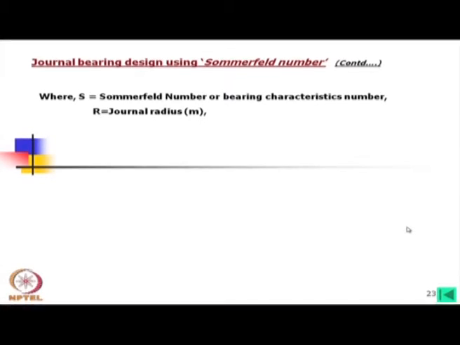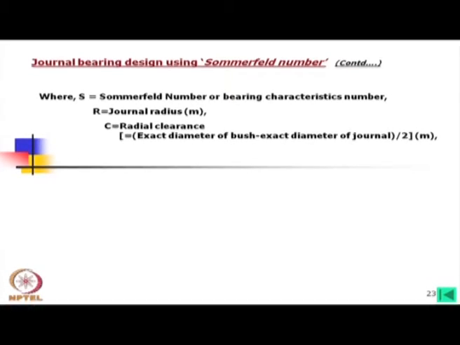Here S is the Sommerfeld number or bearing characteristics number, R is the journal radius, and C is the radial clearance. This is the exact diameter of the bush minus the exact diameter of the journal, divided by 2, in meters.